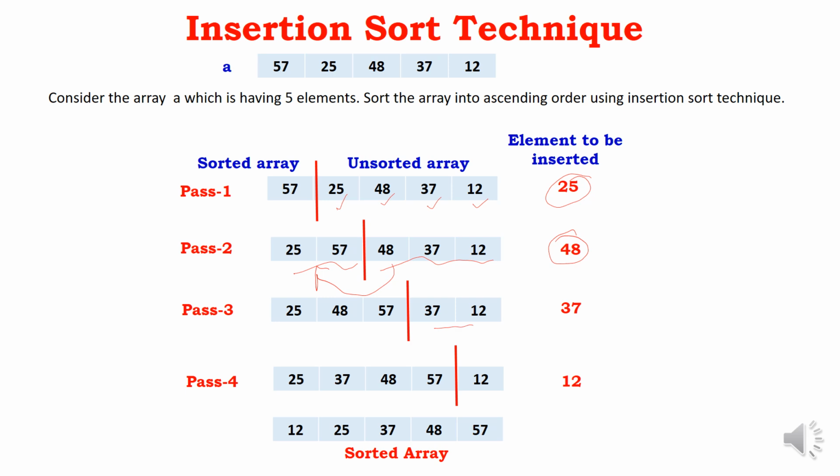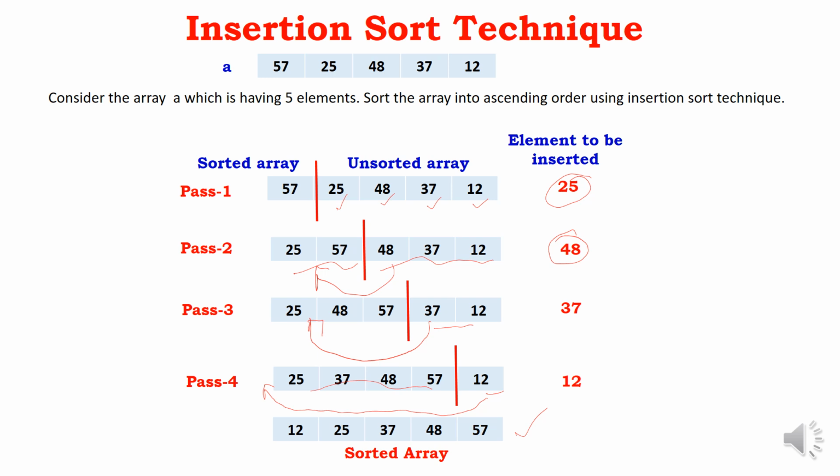Now the next element 37 is going to be inserted into the sorted array, in between 25 and 48, so the sorted array contains 4 elements. Now the unsorted array contains only one element, and that also is going to be inserted. So 12 is inserted in the sorted array before 25, so that finally the whole array is sorted.